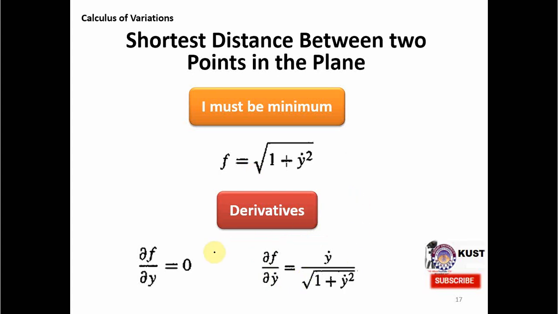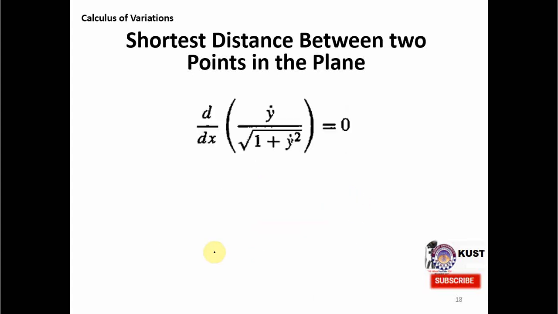So we have calculated the two derivatives, and the next thing is to put that into the equation. You remember, del f by del y, which is equal to 0, minus d by dx of del f by del y dot, is equal to 0. If the derivative of this function is equal to 0, that means the function inside the parenthesis must be constant, and let's put that equal to a constant c.